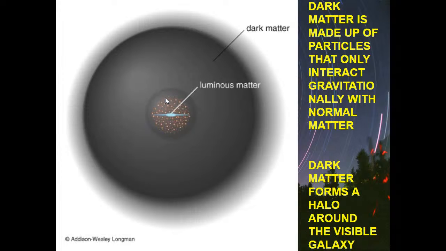Each globular cluster has about a million stars. Globular clusters have older stars. The stars in the disk, particularly in the spiral arms, are young stars, and that's why they appear bright and bluish in color. They are massive young stars.